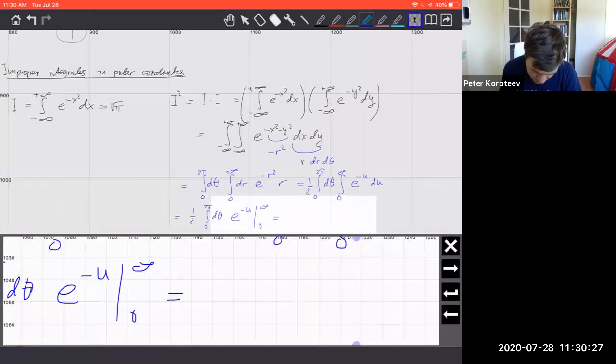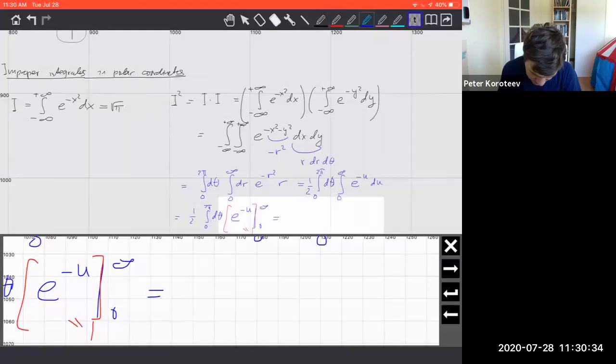So this integral is equal to 1. And then the integral is equal to pi. So I squared is equal to pi, therefore I is equal to square root of pi. Well, we know that it's positive, so therefore it's equal to square root of pi.